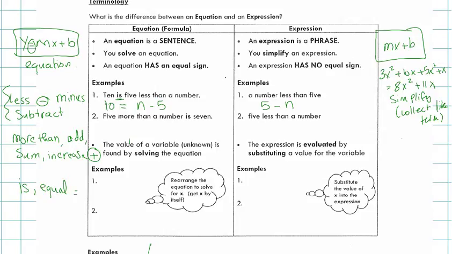Okay, so let's look at this question. 5 more than a number is 7. N plus 5 is equal to 7. That's right. 5 more than a number, right? So the number plus 5 means equal to 7. 5 less than a number, what do you think that is?